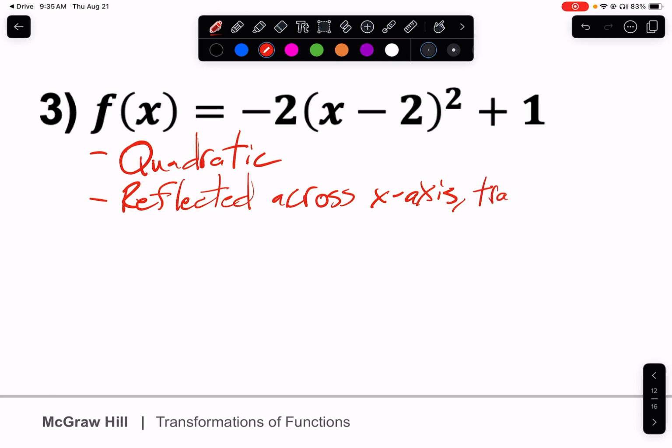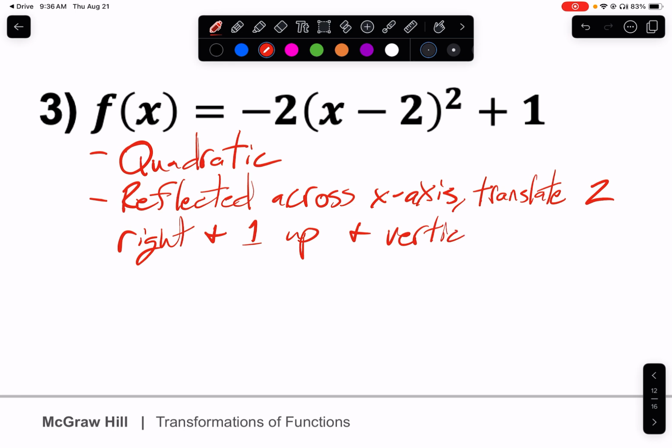Translated to the right 2 and 1 up, and vertical stretch because it's a number greater than 1, absolute value is greater than 1, by a factor of 2.